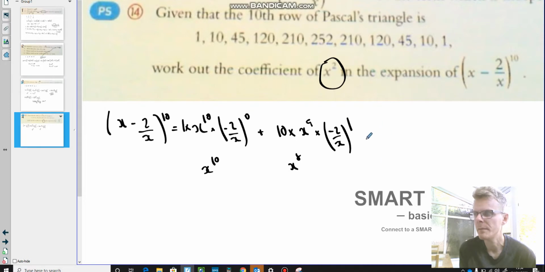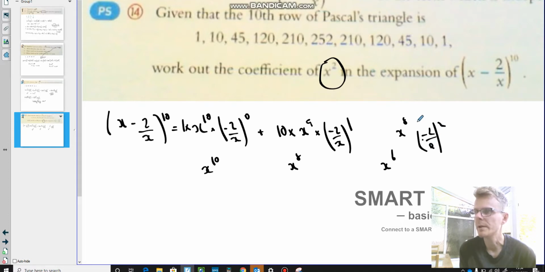So you can see then the next one, they're going down in 2's, I'd be matching an x to the power of 8 with a minus 2 over x, squared, so then that would be x squared, so that will give me an x to the power of 6 term, okay, because the x to the power of 8 would cancel with the x squared term here.